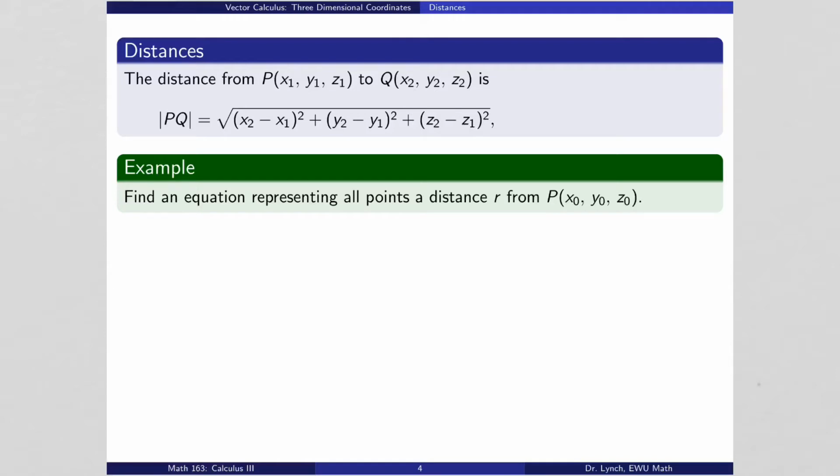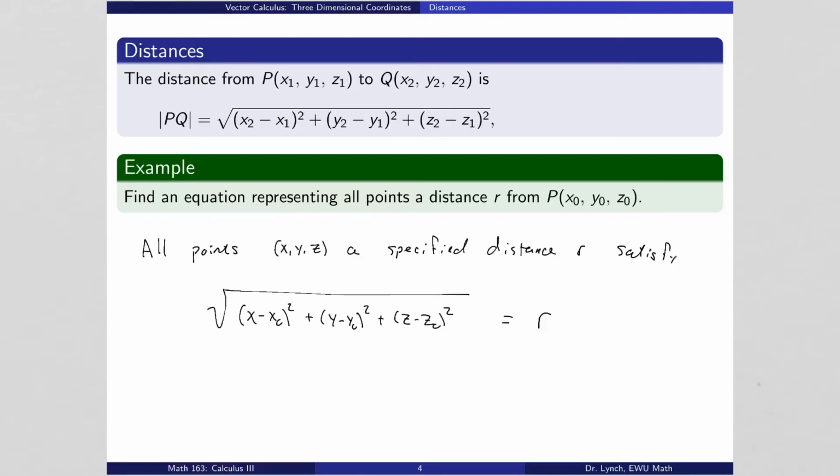So we'll take x naught, y naught, z naught to be this given point, and think about an equation that encapsulates all points that are a distance r from this given point. So all possible points of specified distance r from this given point satisfy the distance equation, and it's common to square both sides and express this as a sum of squares equals another square.